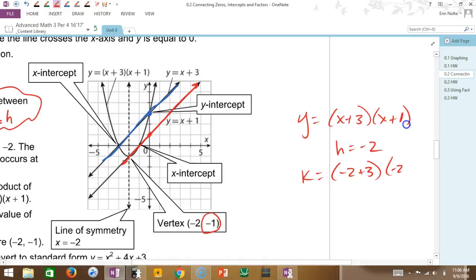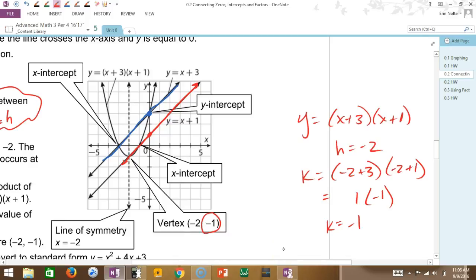Plus 1 up here, there we go. So -2 plus 3 makes 1, and -2 plus 1 makes -1. So what's my k value? 1 times -1, there you go, -1. And that's where they got that -1.